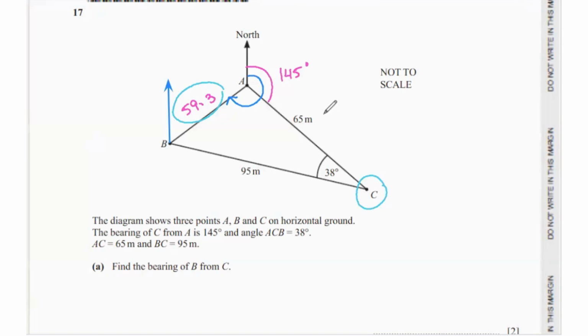Over here, we are trying to find this angle to find the bearing of B from A. So we have the length for this angle. We have the complete set of angle and length, so we can easily use the sine rule to find angle A over here. So that's going to be 95 over sine of angle A equals 59.3 over sine of 38.